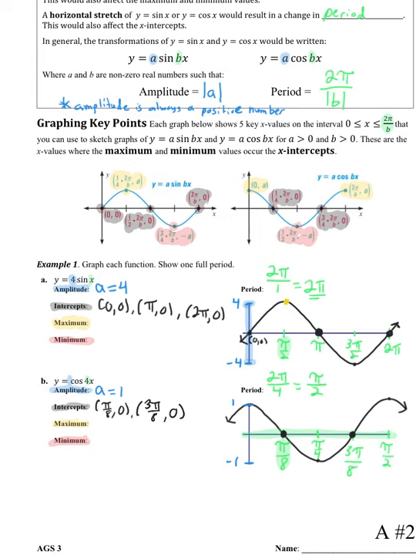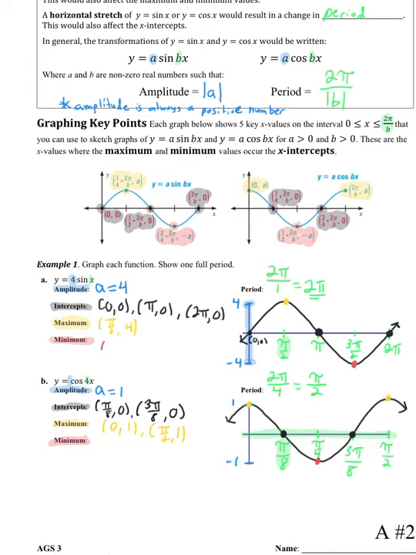Maximum values, up here I had a pi over 2, 4. Down here, there were two maximum values. One of them was 0, 1, and one of them was pi over 2, 1. And then finally, last but not least, minimum values.